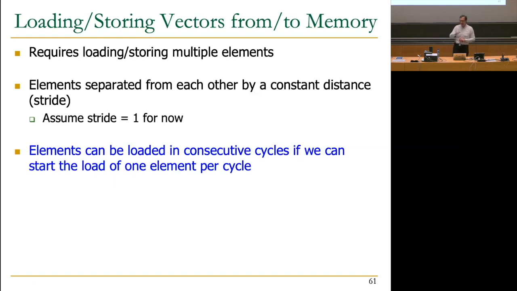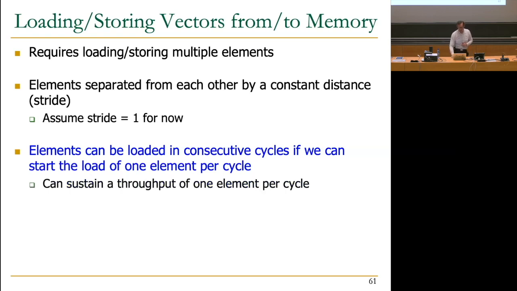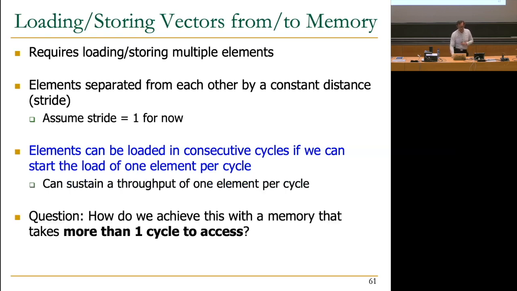So basically, every cycle you start the load of 1 element, and hopefully you get the result after n cycles. N is the memory latency. Memory latency is hard to reduce for reasons we'll discuss later. So we should be able to start 1 element per cycle and get 1 element per cycle, 1 memory operation per cycle, and get 1 element per cycle every cycle, essentially. So that's basically our goal.